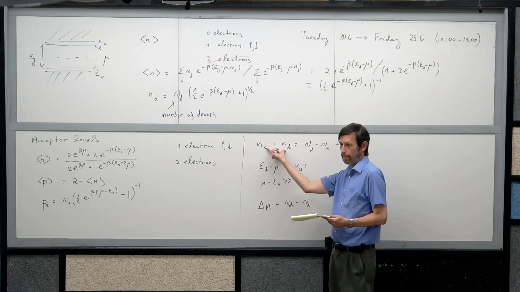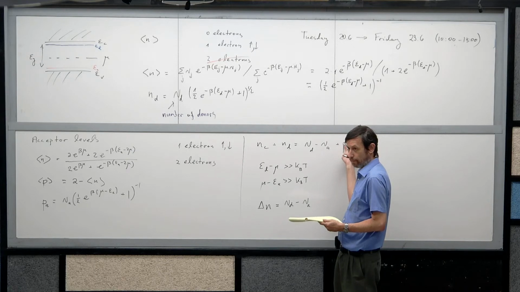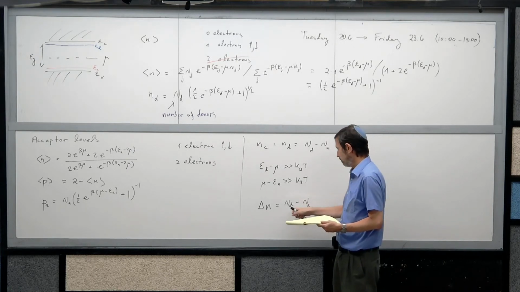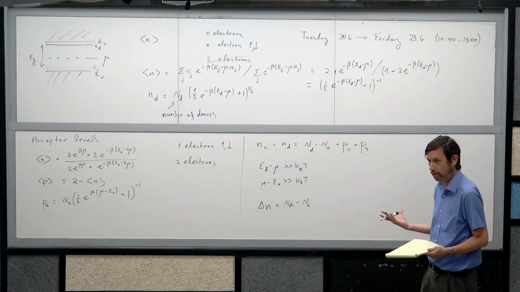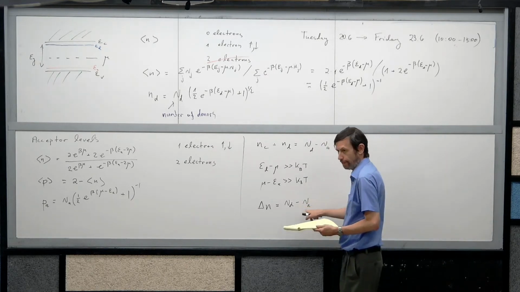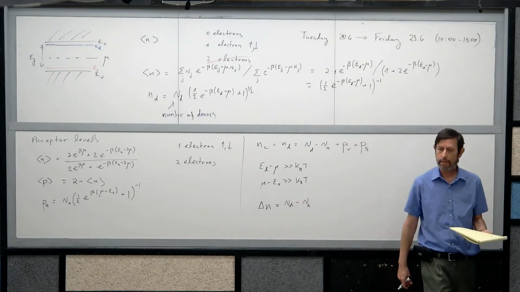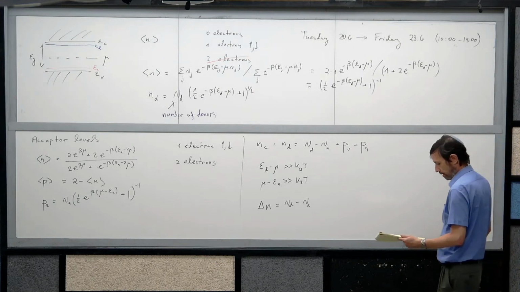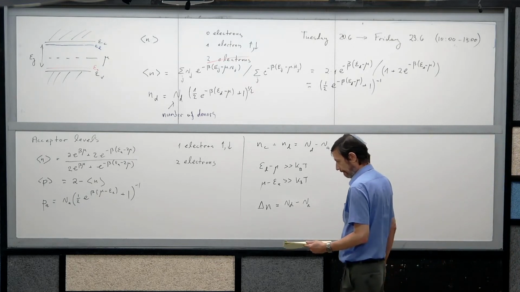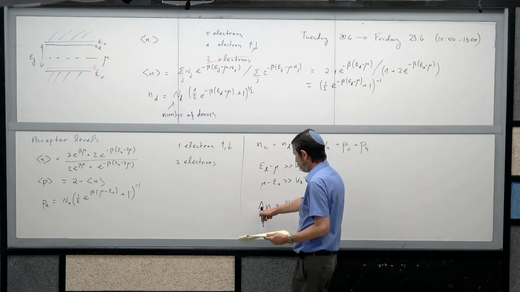Take the total number of electrons, subtract the total number of holes, and as for the pure case it would have been 0, here it's not 0. It depends on the difference between the number of donors and the number of acceptors. This is the number of holes, right? This is the number of electrons.